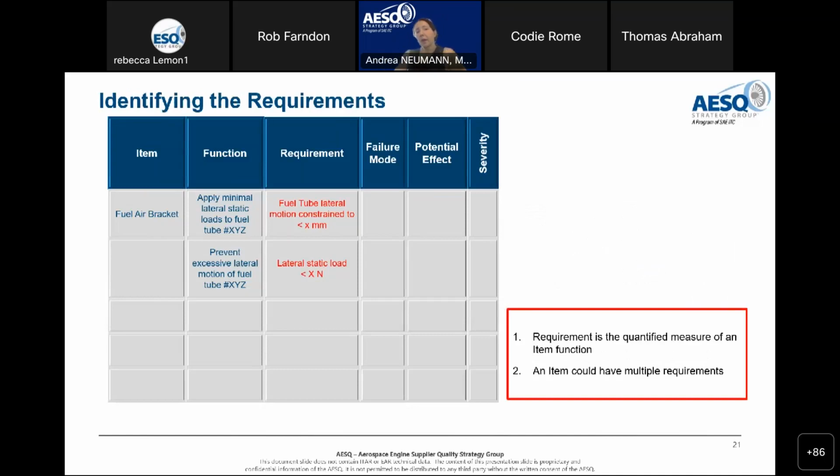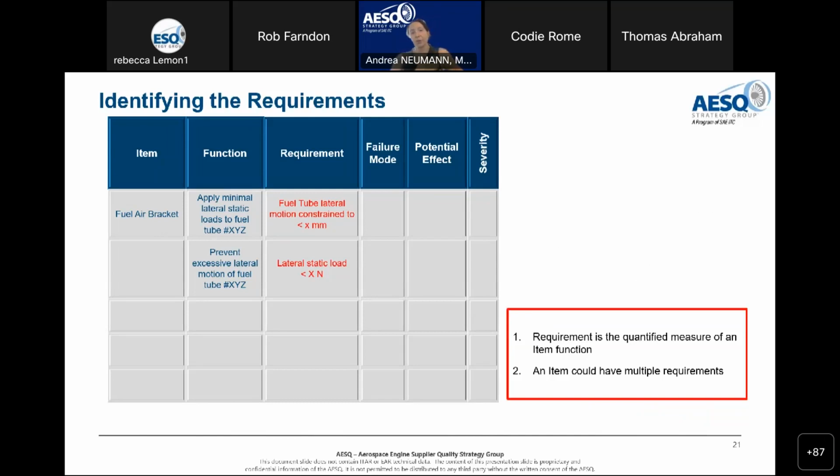So looking at our example there, we just defined a requirement for our functions in the standard, in a quantified measure of the item function, and there could be for sure multiple requirements.